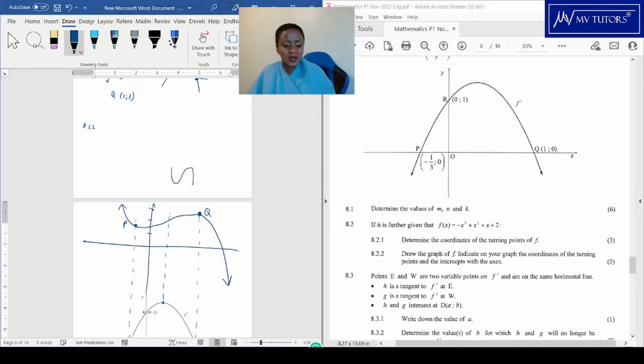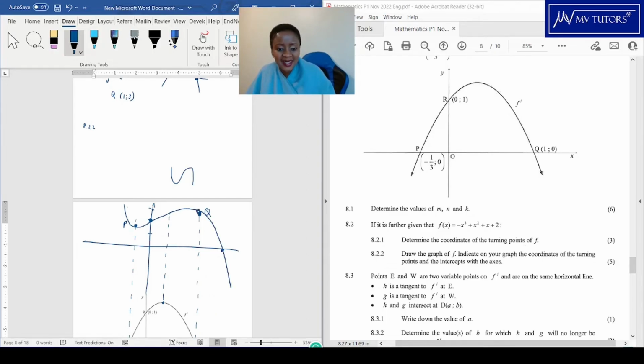But I need to calculate the x-intercept over here. Sorry, the y-intercept. From the formula, the y-intercept is 2. Did I say x-intercept? The y-intercept is 2. Okay, so it comes like this.